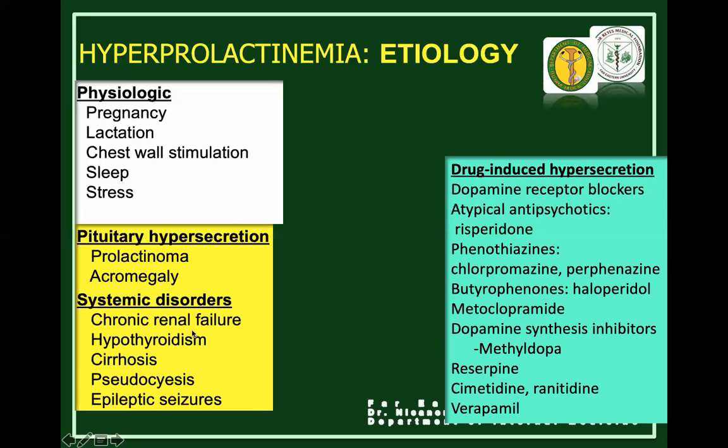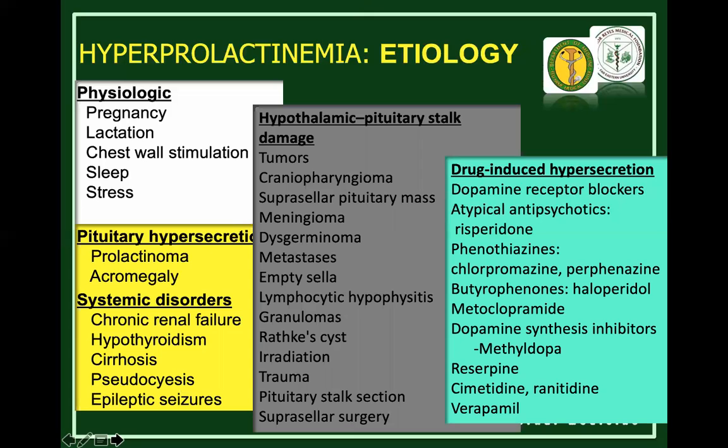So if you're thinking that the patient can have this disorder, you have to rule this one out before you say it's a true hyperprolactinemia from a pituitary hypersecretion. Other causes would be a hypothalamic pituitary stalk damage, and this is what we sometimes call a stalk effect.